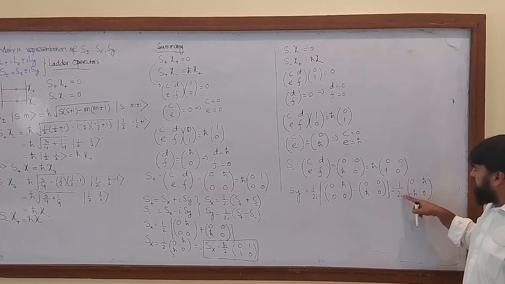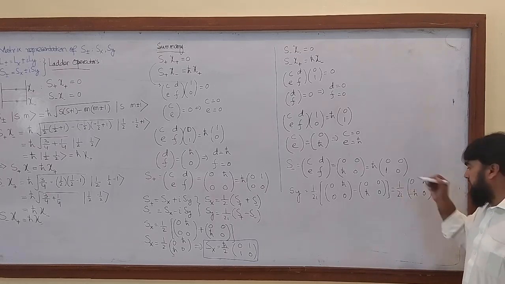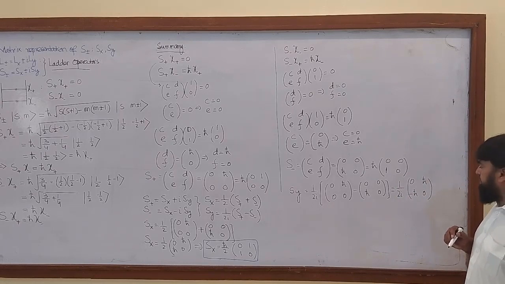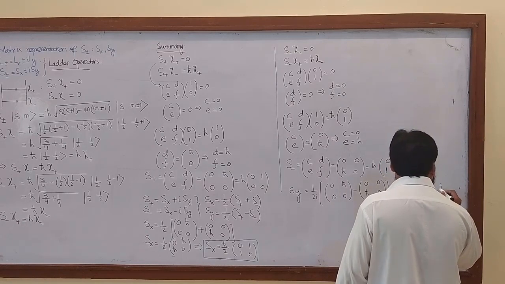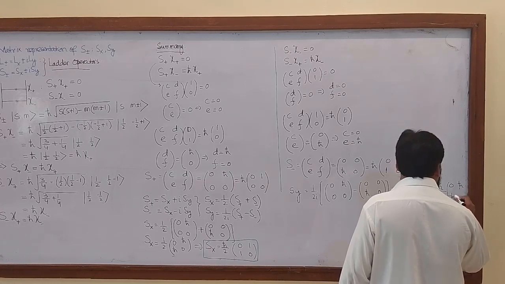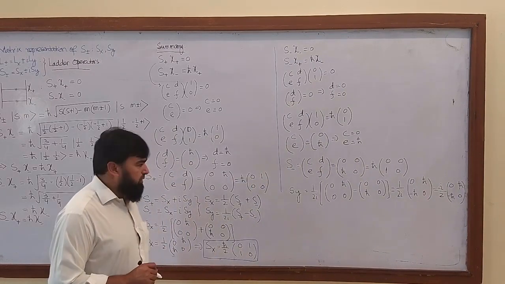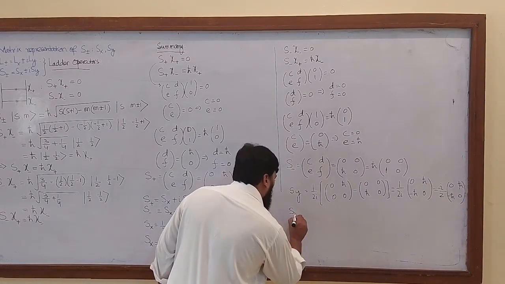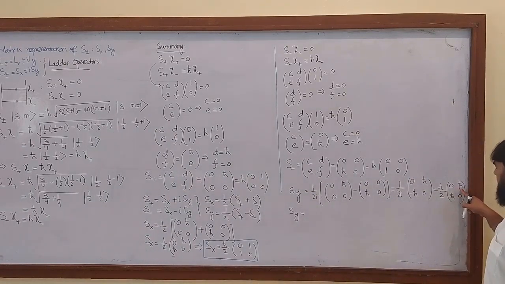Here, minus 1 will become minus i. Here, minus 1 I write as i squared, and one i will cancel, the minus sign will go up and it will become minus i. So I can write this thing as minus i by 2, and 0 h bar minus h bar and 0. Can I write it like this? Okay.